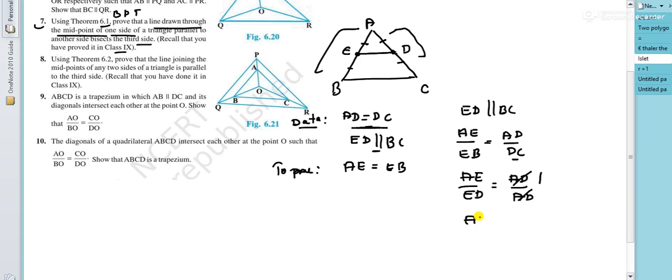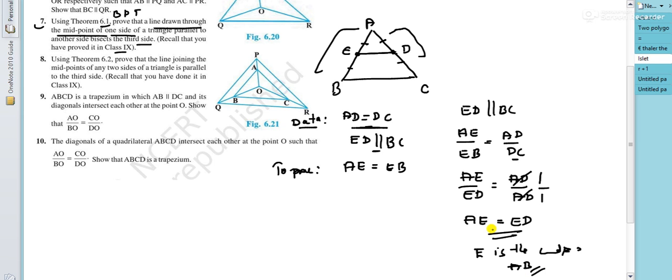So on doing cross multiplication, we'll get AE is equal to EB, hence proved. That's what we needed to prove. Since these are equal, we can say E is the midpoint of AB. That's all, simple. This is what we have to do here.